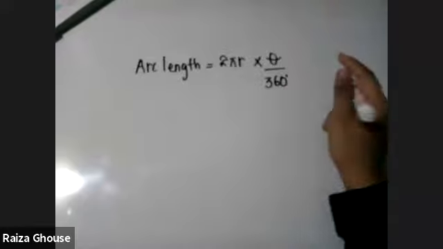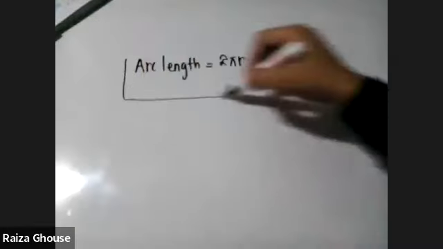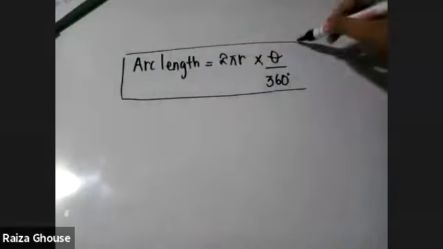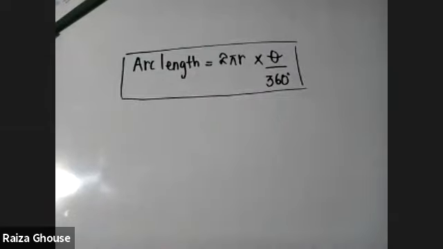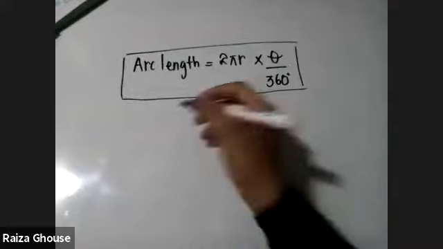It should be upon this. This is the formula to find the arc length of a sector. So I'll give you some questions for you all to do. Then you will know how to find arc length as well.